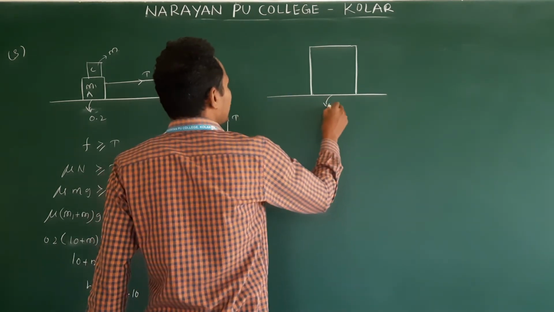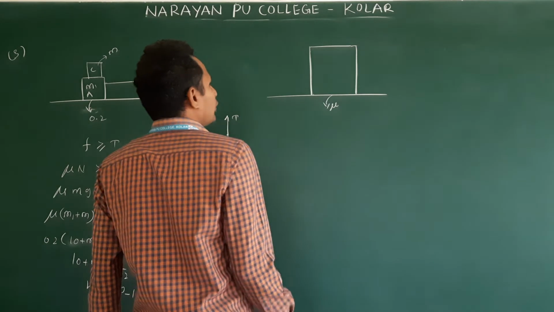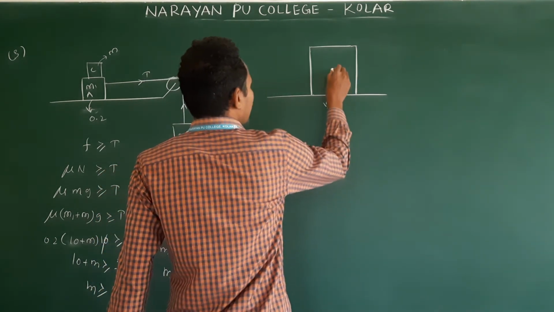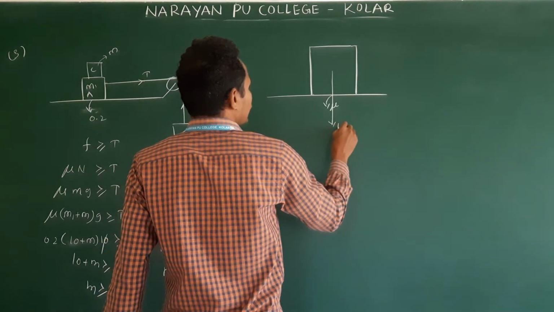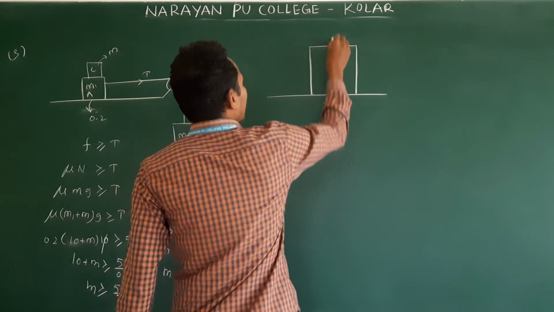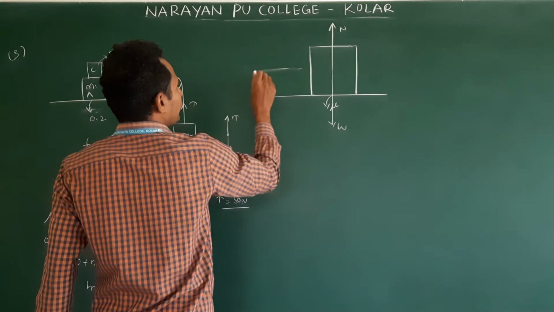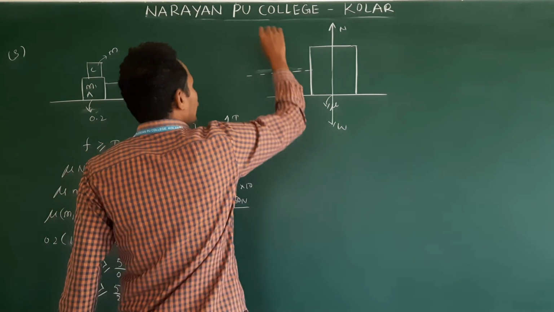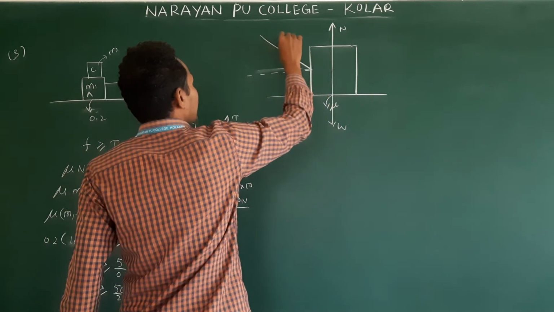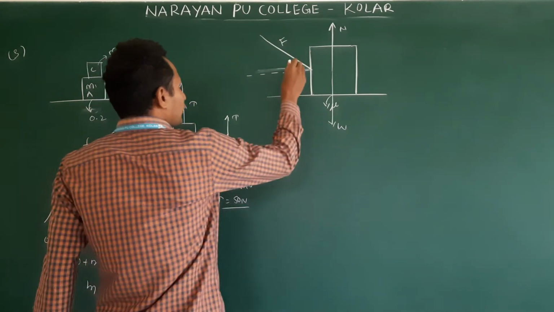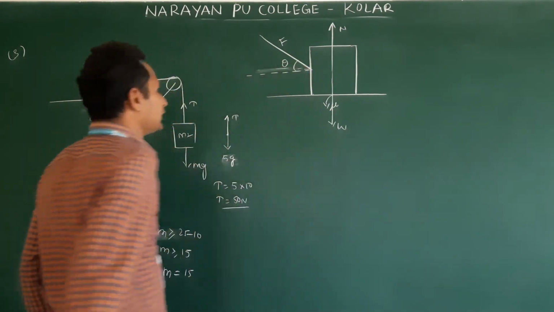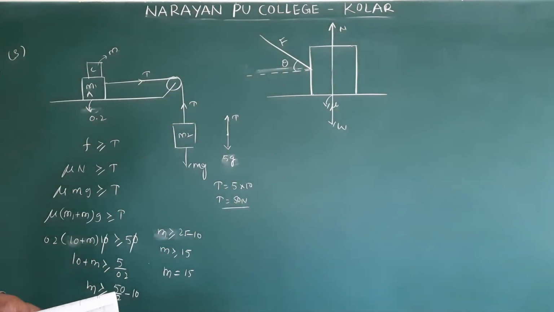It has a friction mu. This weight is acting downwards, W, nothing but mg. Normal reaction acting upwards. Here you take this horizontal. To the horizontal there is a pushing force with the angle theta.